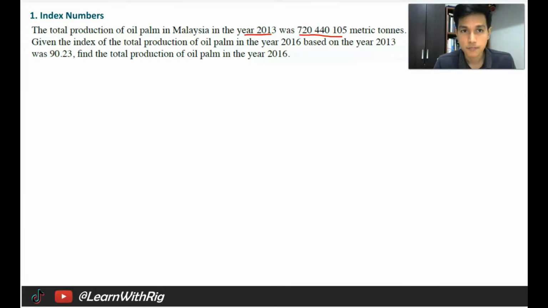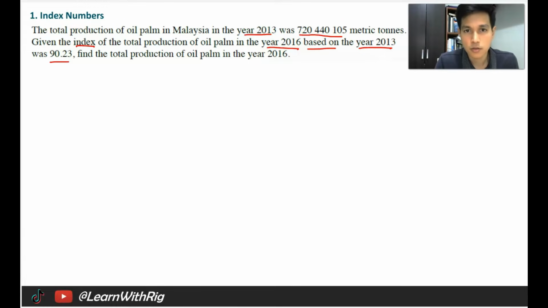Now in this case, they give you the index. So they tell you the index is 90.23. Okay, so this index is what? Year 2016 based on year 2013.